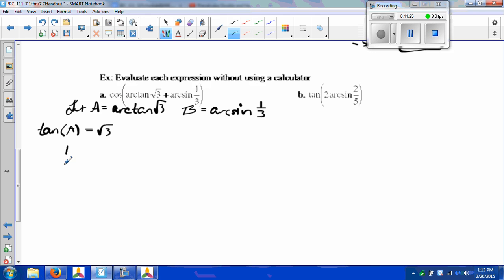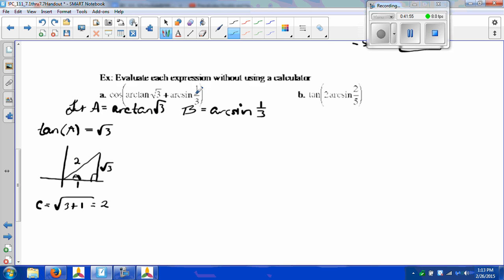Tangent root 3 would be quadrant 1. So here's A, opposite over adjacent. Then c equals the square root of a squared plus b squared. So 3 plus 1, which is root 4, which is 2.